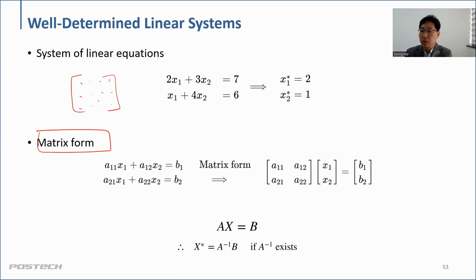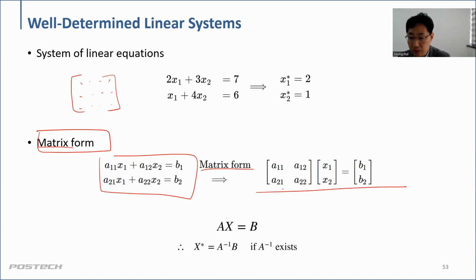Whenever you have a system of linear equations or multiple data points, you can always put them together and construct a matrix form, because it's really intuitive and easy to handle many data sets. So let's do the same thing. Given these, I can transform it into matrix form like that. Here it's a matrix, in this case a 2 by 2 matrix. We have the unknowns X, and we have the bias or constant.